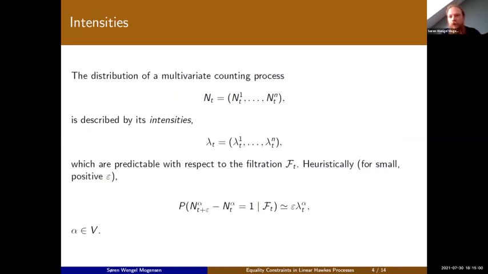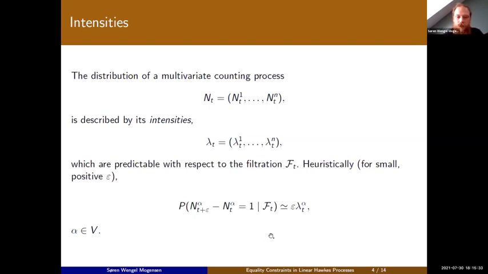To define what a Hawkes process is, one way to do it is by assuming something about the intensities. If I have an n-dimensional counting process, there's an n-dimensional intensity process, so that's also n coordinates of stochastic processes, and an intensity is essentially something that describes at each time point t how likely I am to observe a new event in the immediate future.